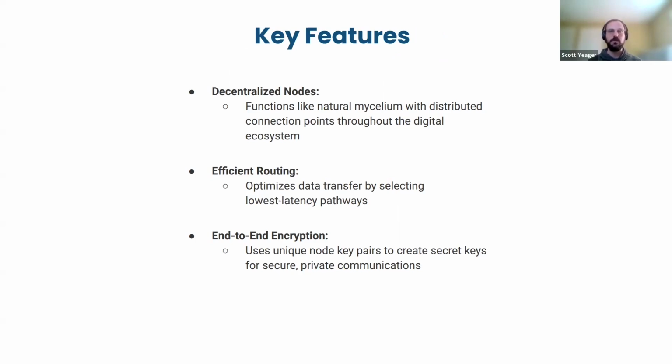So via this decentralized network, we can route anywhere in the world, and we do this in an efficient way that finds the shortest path in terms of latency. This can also help in the case that there are any cuts or disruptions in networking between two points. Mycelium is able to route around such disruptions and continue to operate over the shortest path that is still working and available. And finally, as I mentioned before, we have the end-to-end encryption.